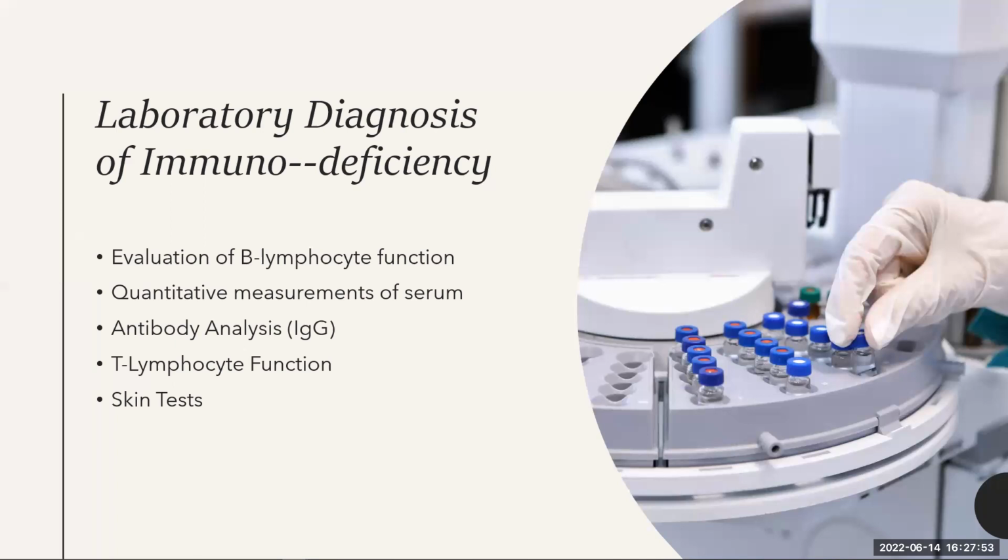Antibody titers after immunization with protein antigens, for example, tetanus or diphtheria toxoids, and polysaccharides, these are the most convenient type. Now, if the immunoglobulin levels are decreased, the evaluation should proceed with more advanced tests of B lymphocyte numbers and function.